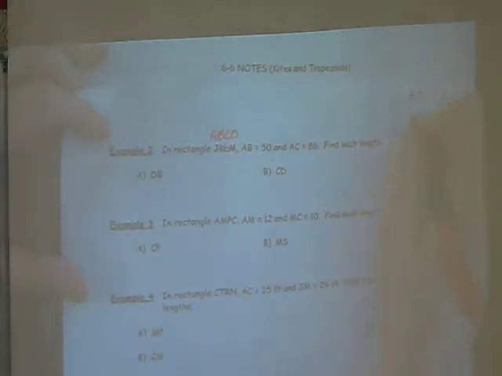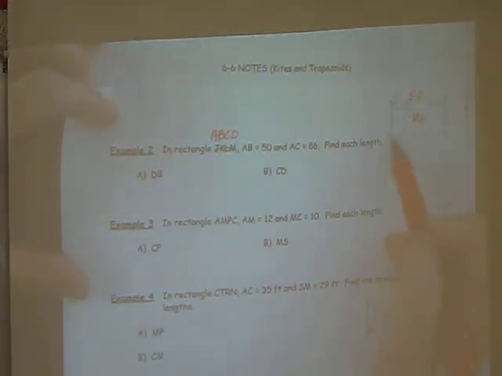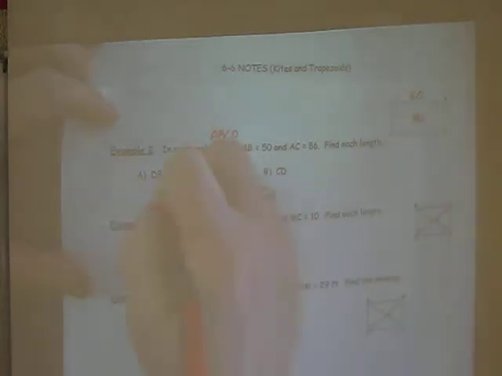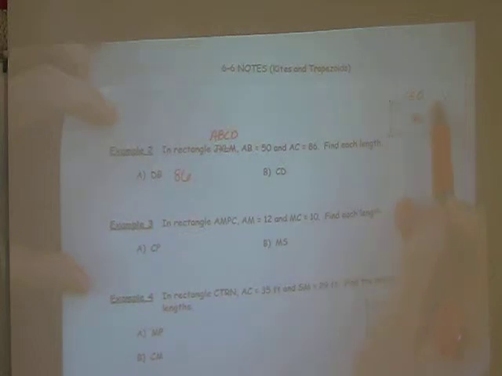And AC is 86. First of all, we need to find the length of DB, which is the diagonal. Diagonals are congruent, so that diagonal is also 86. And opposite sides are congruent. AB is 50, CD will also be 50.